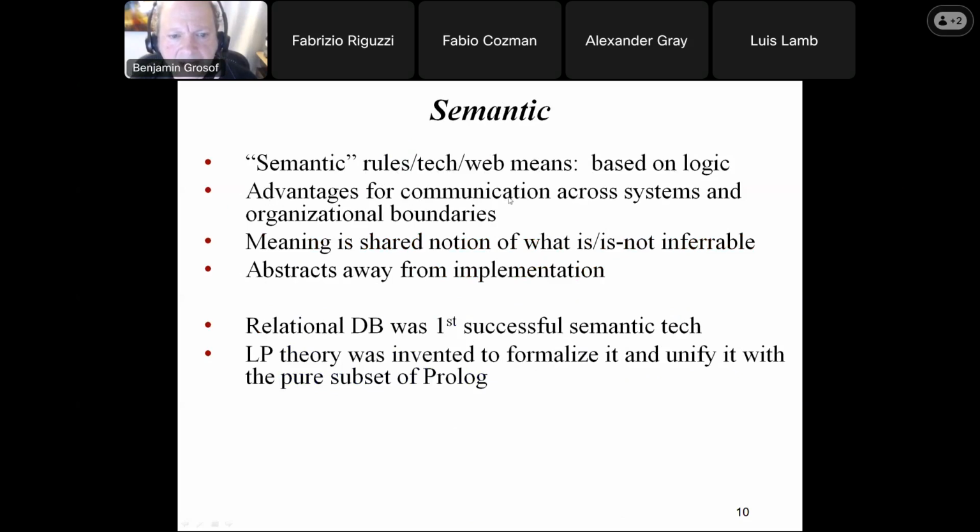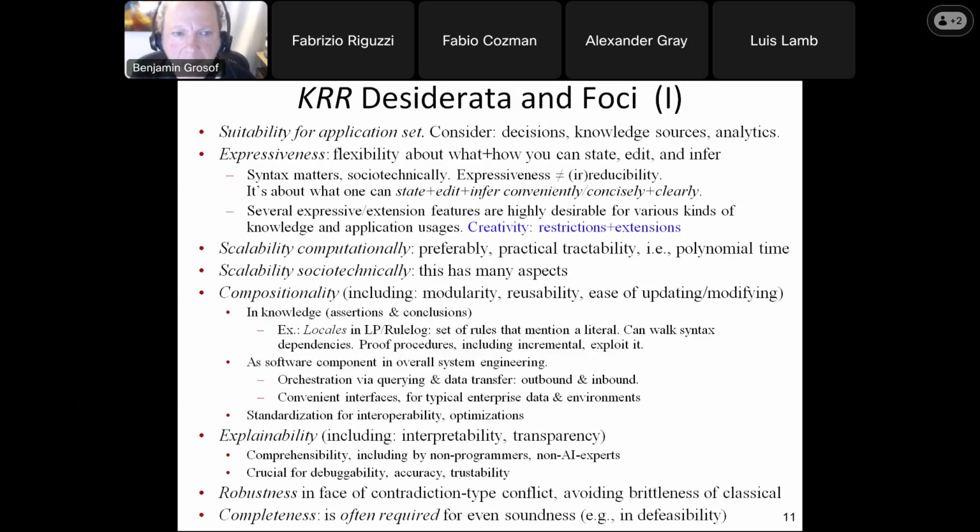And it has advantages for communications across systems and organizational boundaries. Meaning is essentially a shared notion of what is versus is not inferable, and it abstracts away from implementation. Relational database was essentially the first successful semantic tech, and as I mentioned, the theory of LP was invented to formalize it and unify it with the pure subset of Prolog.